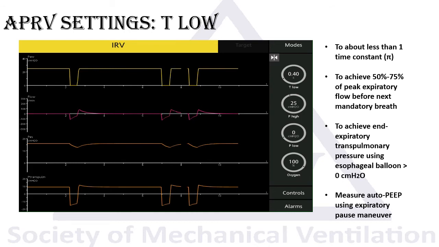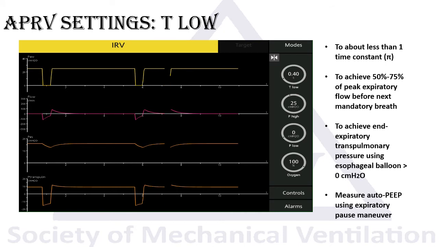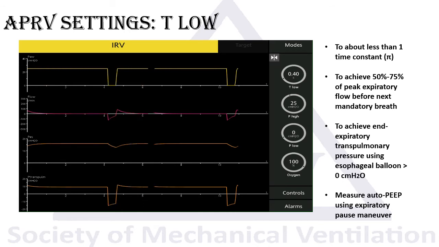Now the T low, perhaps the most important setting in APRV is the T low. If you look at the literature, there are again multiple ways of setting it. A lot of the articles out there just tell you an empirical number between 0.2, 0.3 up to 0.8 or 0.9 seconds.